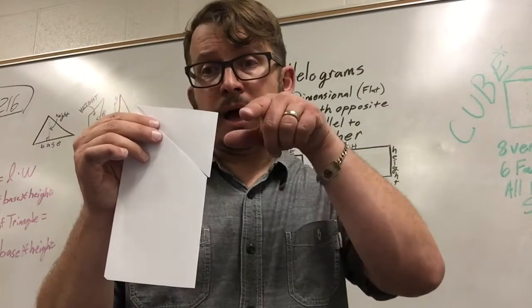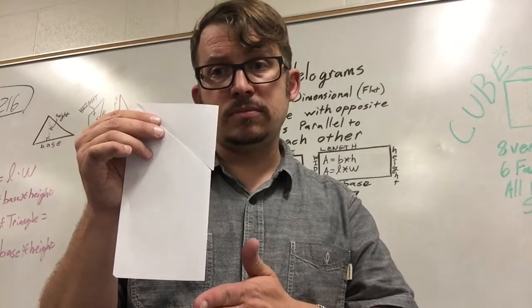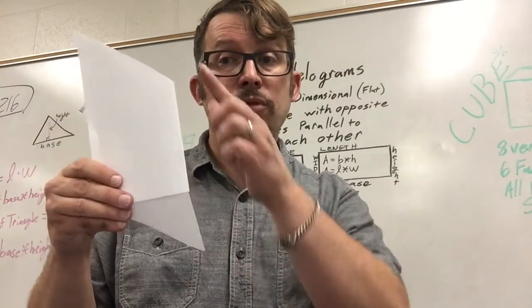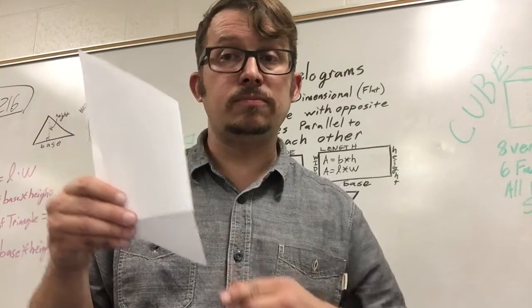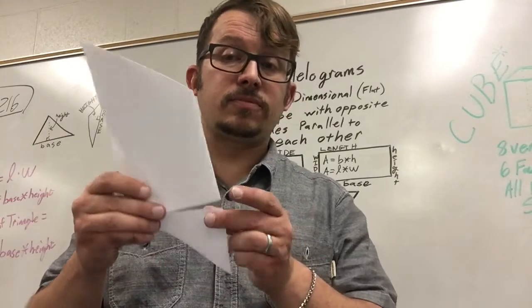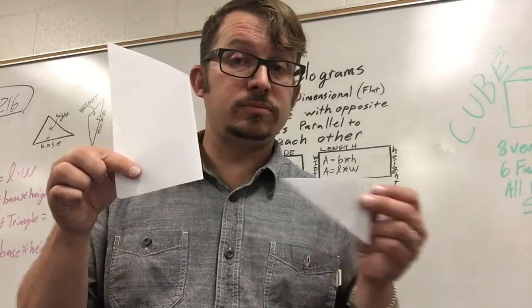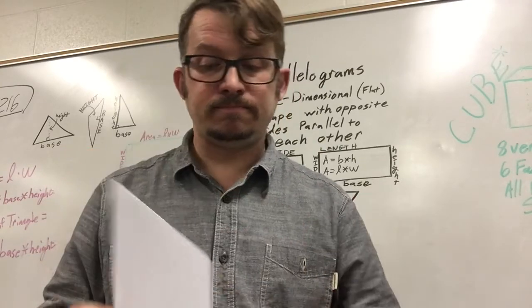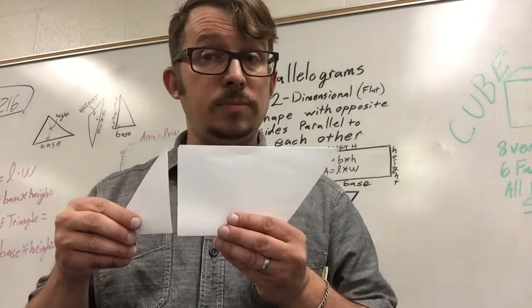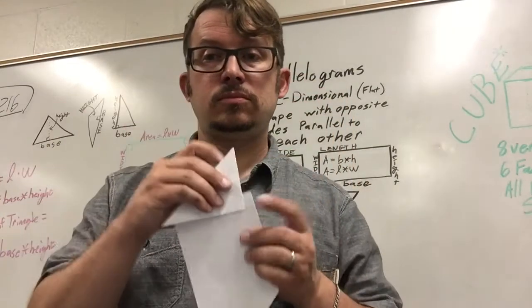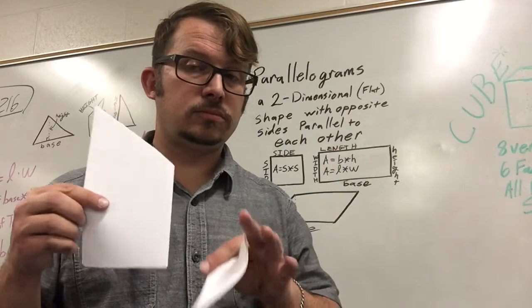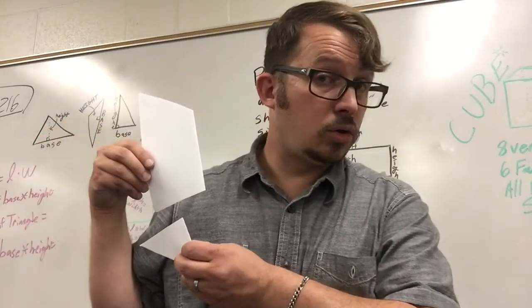So it's the height and the base. The base is all the way down from one end to the other. The height is at a right angle, anywhere from one parallel line to the other one. Could be sideways. Could be this way. Could be that way.